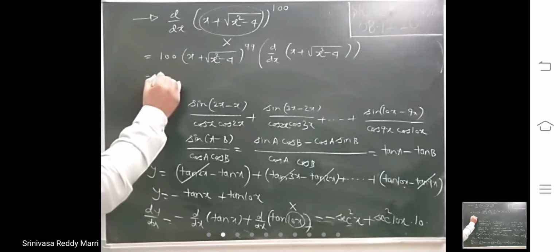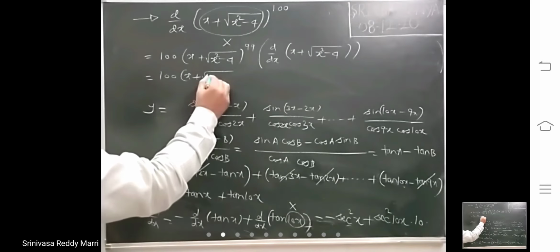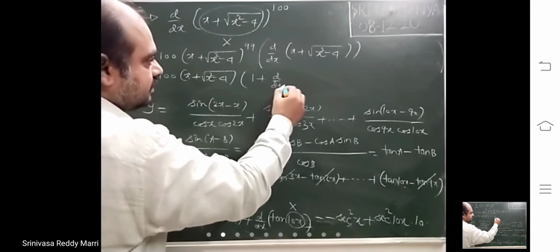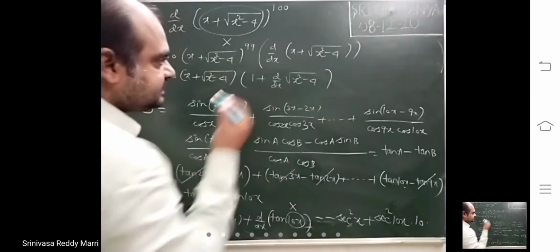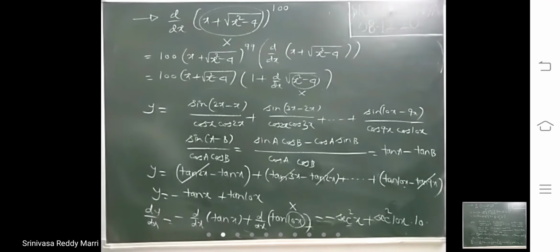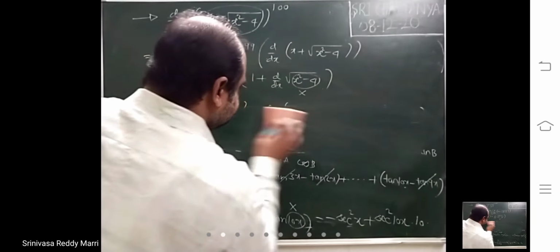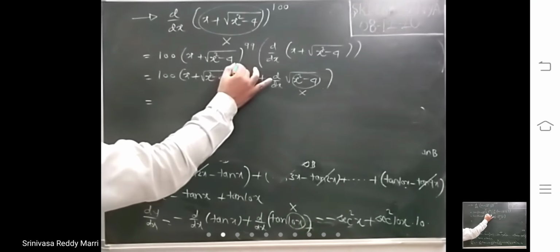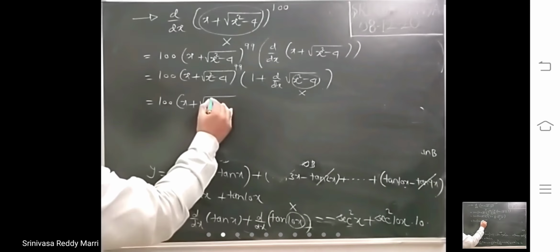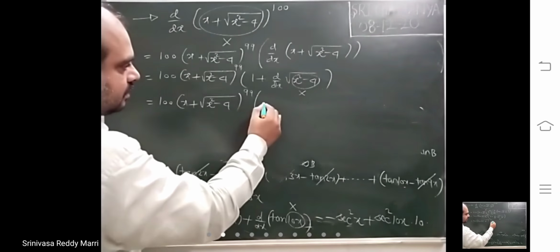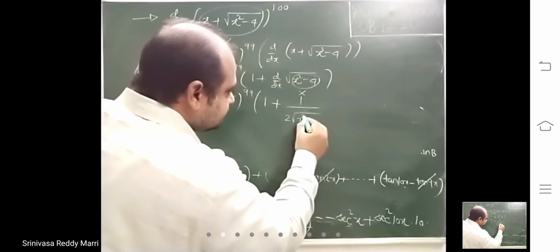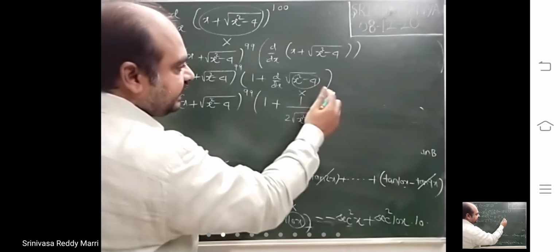So that means 100 into the expression to the power 99 into d by dx of X. Now again root, whenever root is there, you take this capital X and write the formula for root X. One plus derivative of root X is 1 by 2 root X into d by dx of x square minus 4.